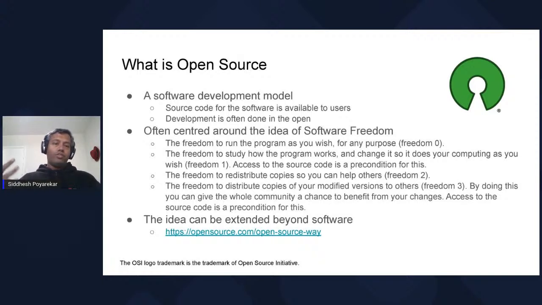There are four freedoms specifically that you deal with. Freedom zero is the freedom to run a program. Then you have the freedom to study how the program works, and the freedom to modify the program and use the modified program the way you see fit, which makes it necessary for the source code to be available.